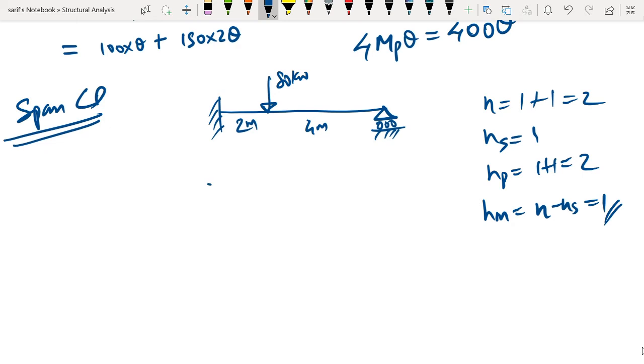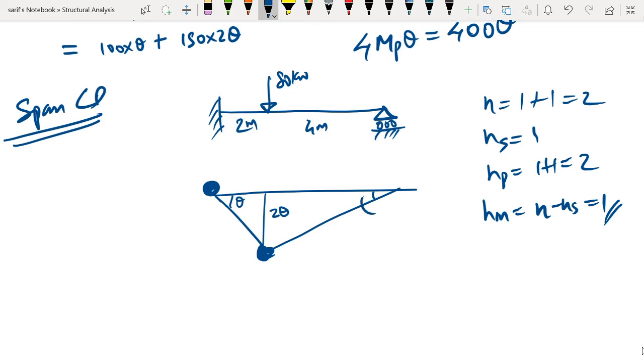So the mechanism will be, one hinge will be formed here, another hinge will be formed under the load, and thus forms the mechanism. So if this angle is theta, then this becomes 2 theta, and if this is 2 theta, then this becomes theta divided by 2.